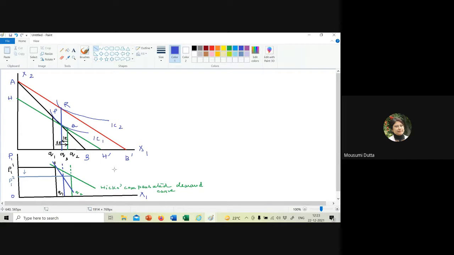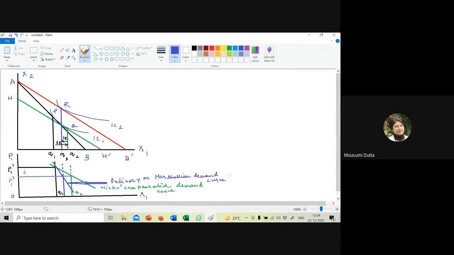This is the ordinary or Marshallian demand curve, because this is based on the total effect of relative price change.